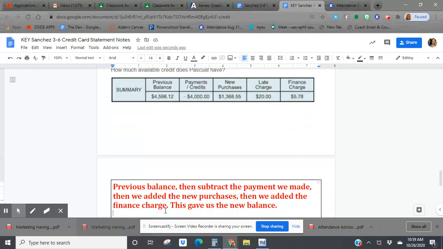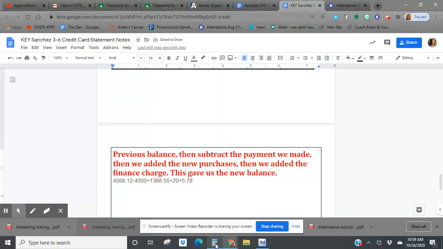So previous balance of $4,598.12 minus his payment plus the new purchases plus a late charge plus $5.78 of his finance charge. Let's add this all up to get our new total.